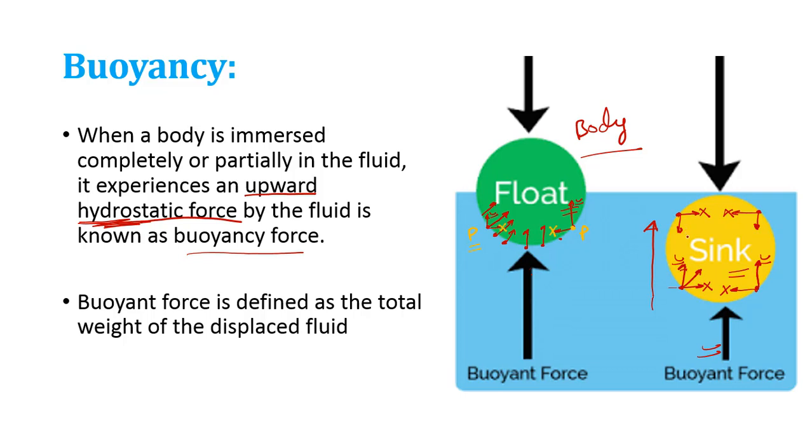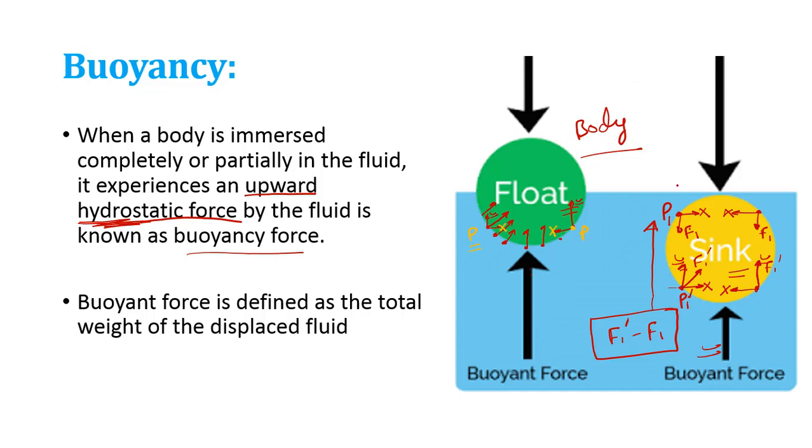So horizontal will cancel each other. Let's suppose we call this F1 and here it is F1 dash. So F1 will reduce the impact of F1 dash. So the net vertical force will be F1 dash minus F1. I'm explaining this to understand the concept. So why will it be upward? Because this F1 is caused by pressure P1 here, and F1 dash is caused by pressure P1 dash.